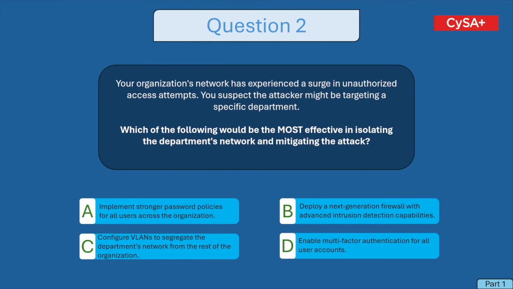For C, this is the best option so far, I would say. VLANs can logically isolate a network, and that would, in return, help prevent the attacker from lateral movement. And D, MFA doesn't isolate. So the only one that makes sense here would be C with the VLANs. So I'm going to go with C here.